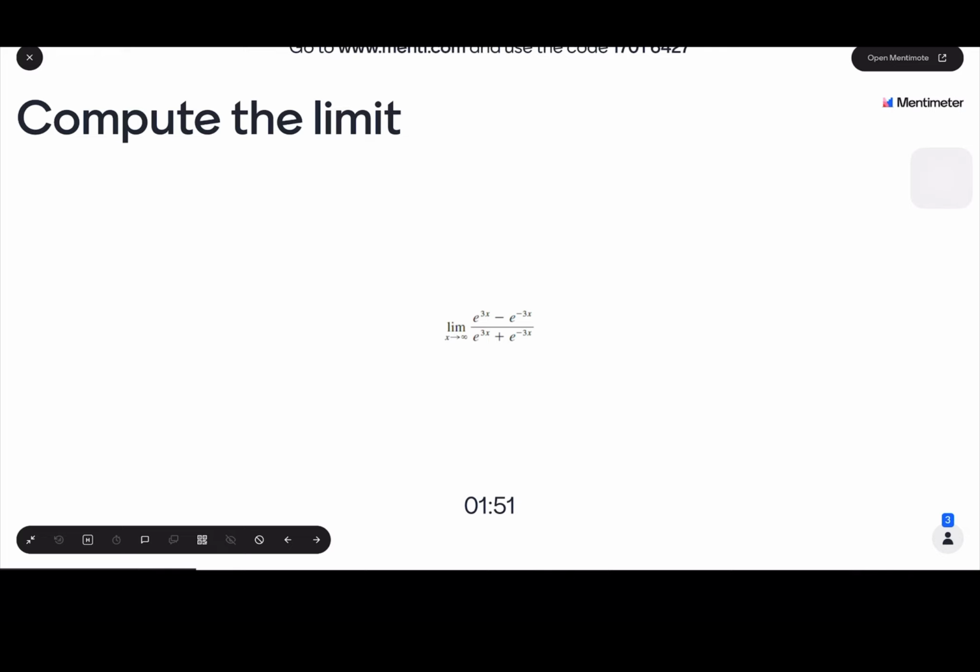Remember the notes from yesterday's class, the limits at infinity, what you need to do. If you get the clue directly, you can get the answers directly.